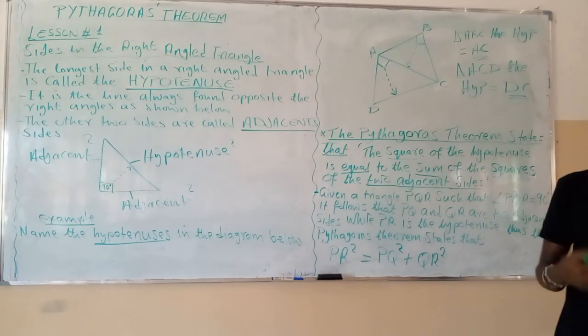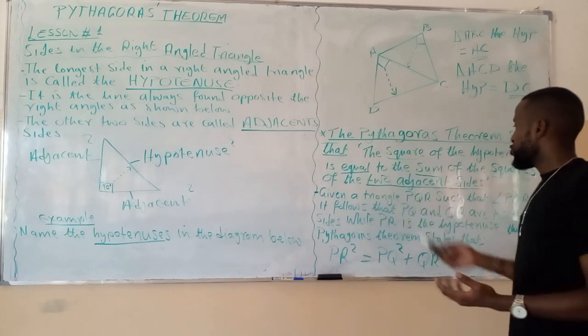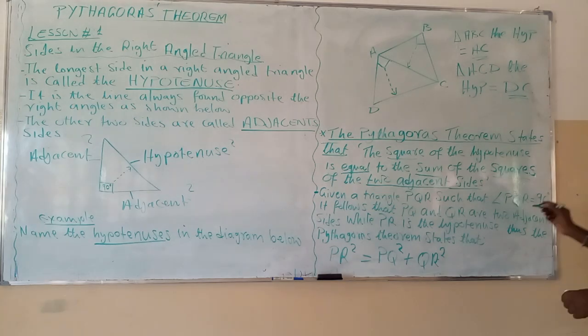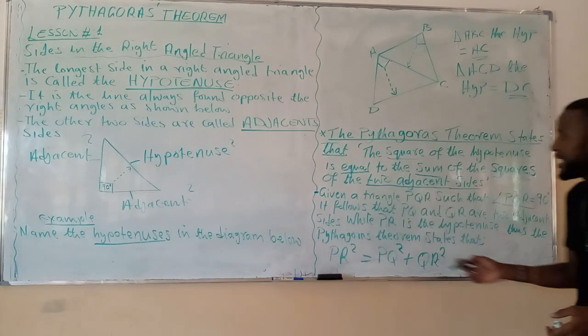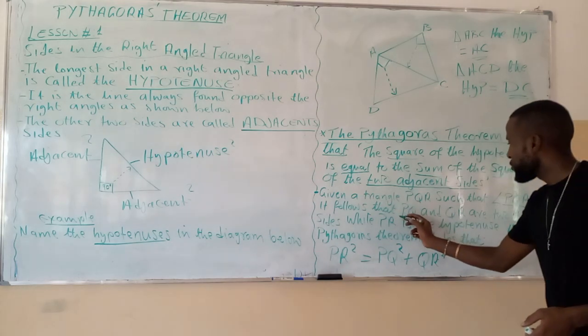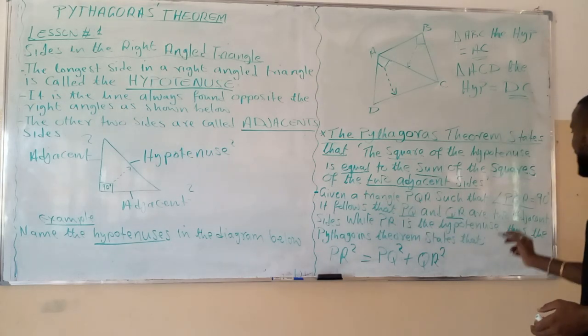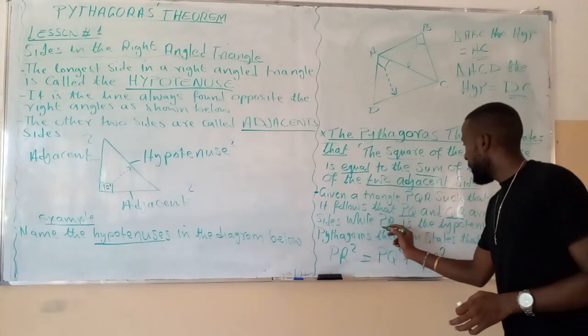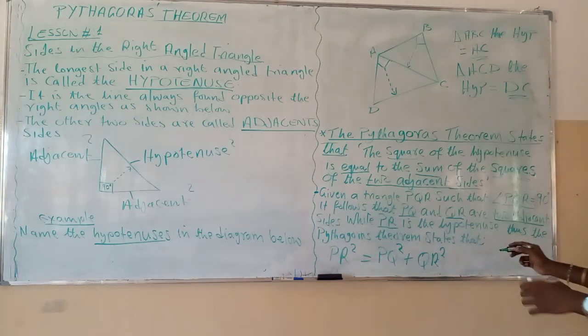Now let us put it in this scenario. Given a triangle PQR such that angle PQR is 90 degrees, which means it is a right angle triangle, it follows that PQ and QR are the two adjacent sides, while PR is the hypotenuse.